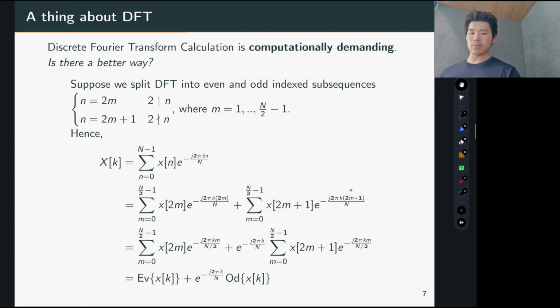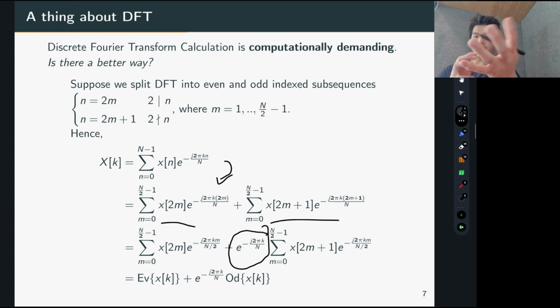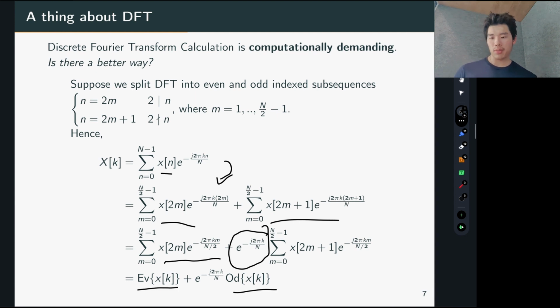and then we just plug into the equations. You split it up, rearrange, do some algebra, and pull out the e^{-j2πk/N} to the outside. What you notice is that this term is basically the even part of the x[n] of the original function, and this is the odd part of that.